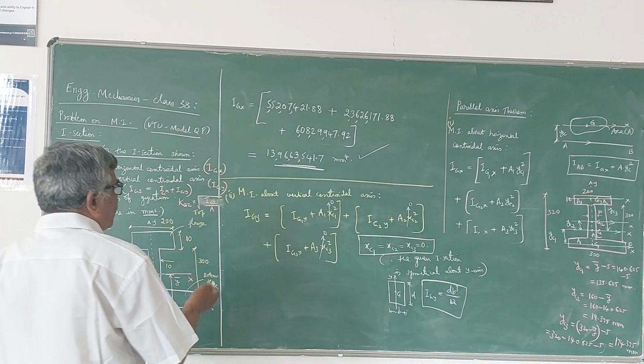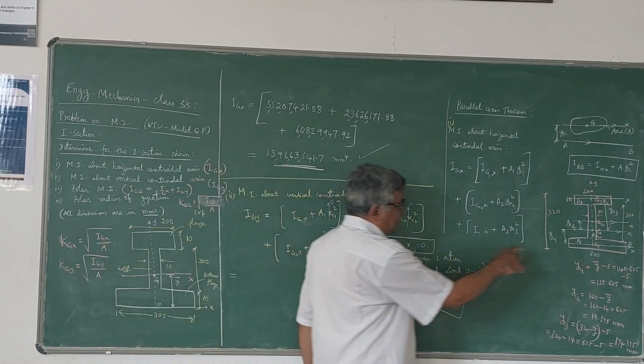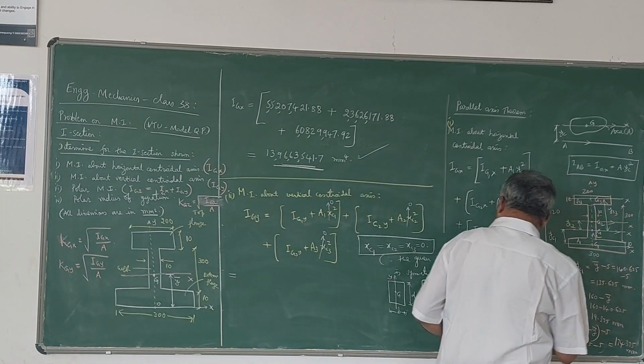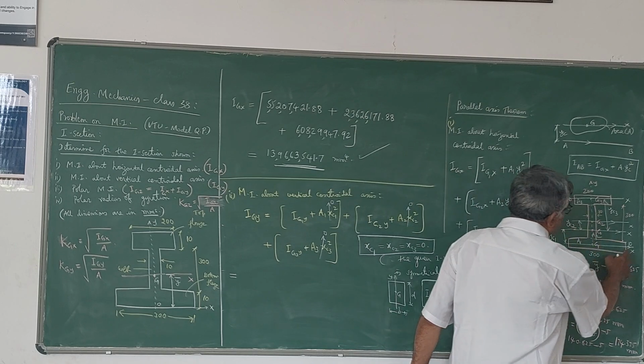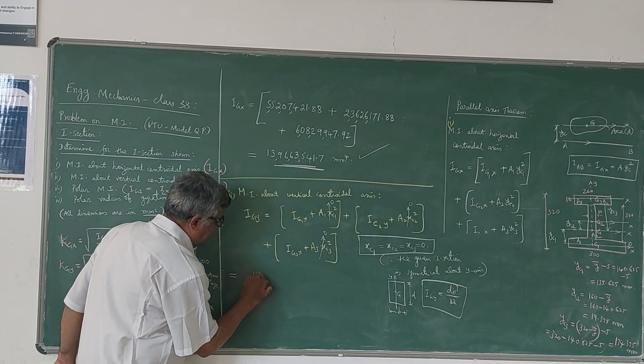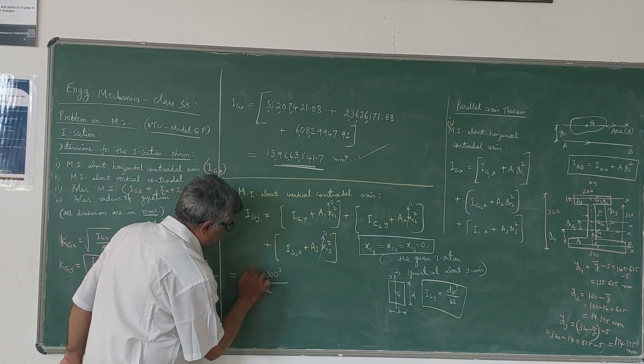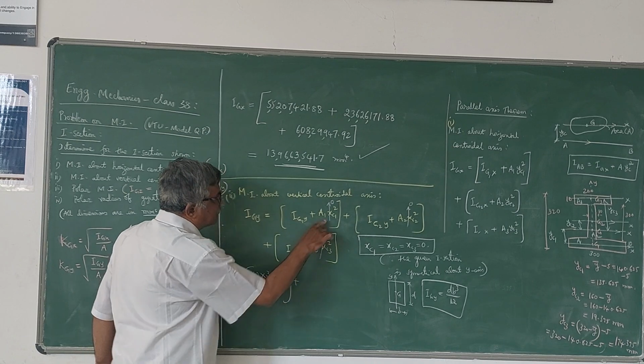So now we will write that for the first rectangle, IG1y. I have to use this formula now, DB cube by 12. That means 10 into 300 cube by 12. So please see the difference here. That is the first rectangle. This term becomes 0.